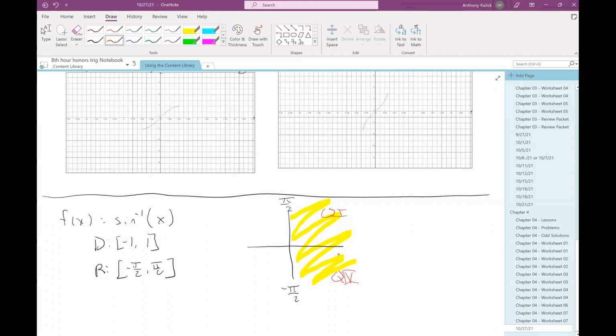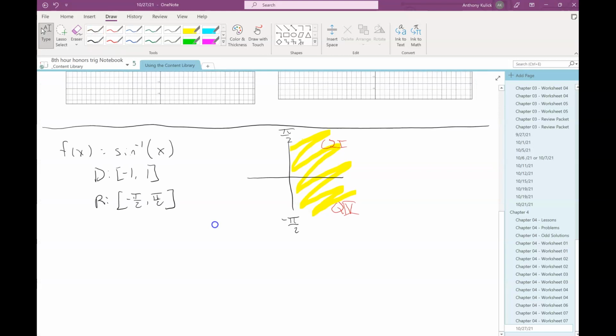So what can we do if we want an answer in quadrant 2 or 3? Let's look at an example.